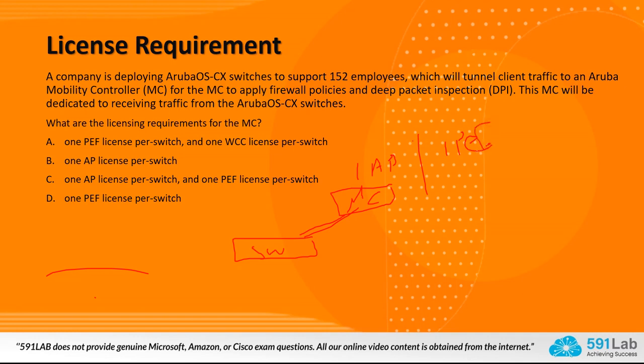So it's just like the access points from the perspective of tunneling traffic to the controller. We require one AP license for the AP termination on the controller. It's exactly the same for the switch. Whenever we have a switch, we need to tunnel the traffic to the controller. We would need per switch one AP license and one PEF license for that switch.